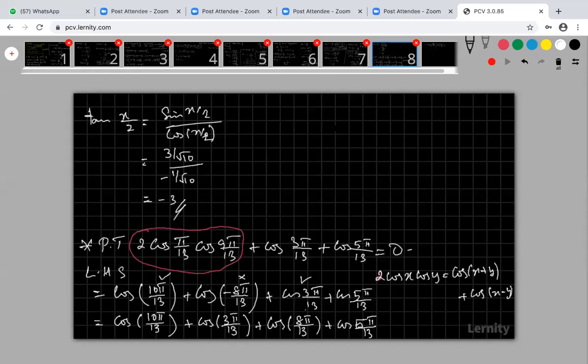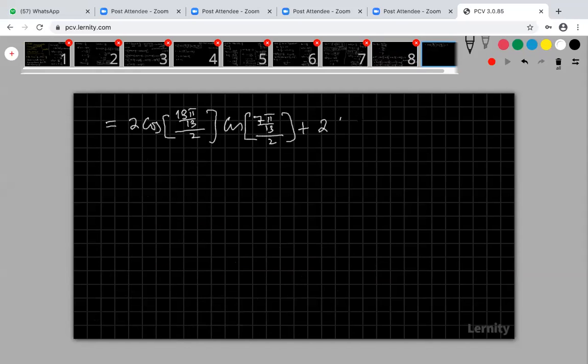So therefore I'm getting 2 cos of, add 8 pi plus 5 pi, that is 13 pi, so 13 pi by 13 by 2. Subtract 8 pi minus 5 pi, what is the answer?